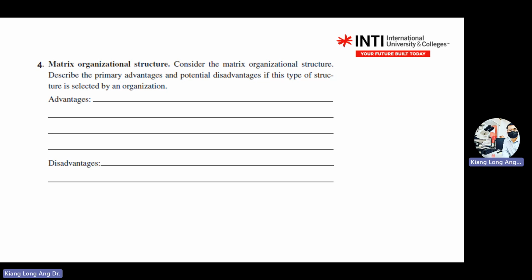So in a matrix, you need to have a very good relationship, because you are sharing the resources. The project manager and functional manager in this organization are at the same level. You cannot order me to do things, and I cannot order you to do things. We can talk, but you cannot order me.